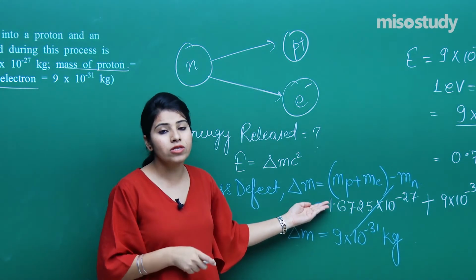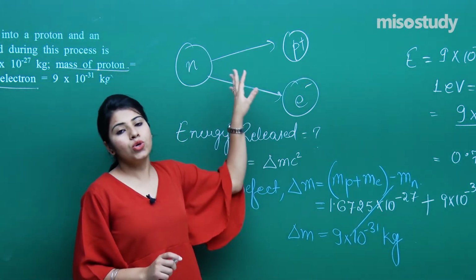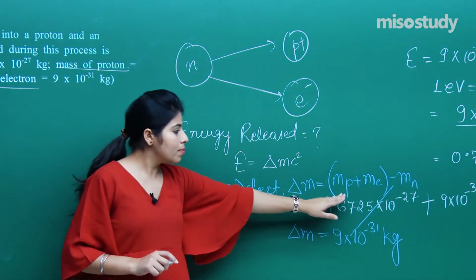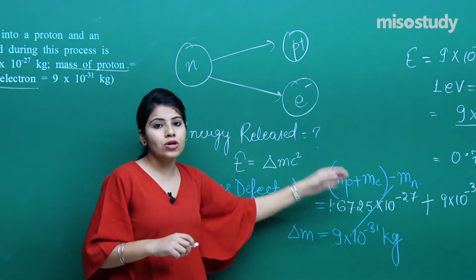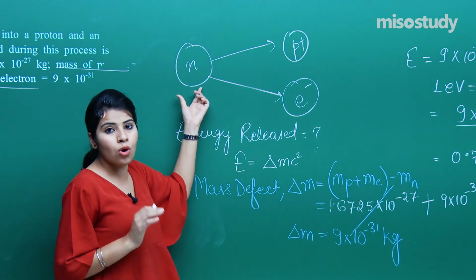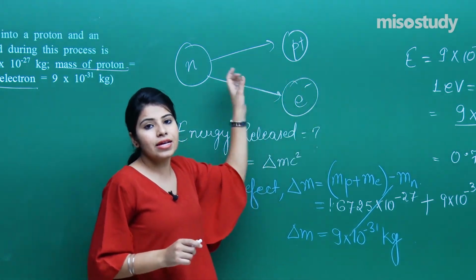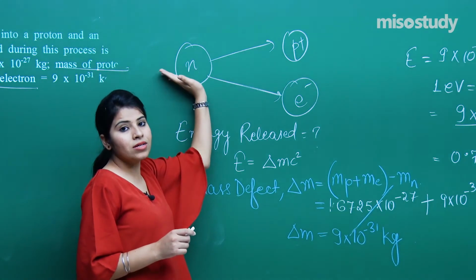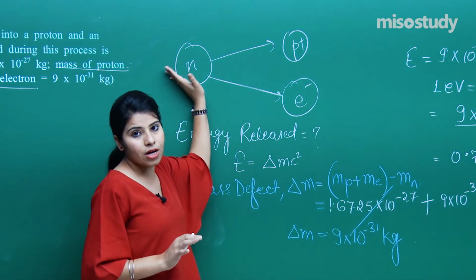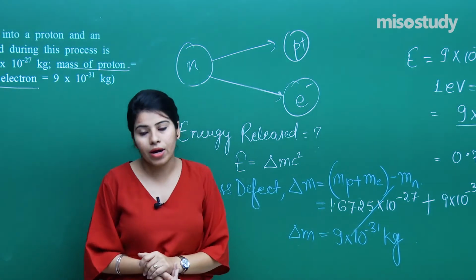If you know the concept of binding energy and mass defect, then you are able to write this formula on your own. Because if something is getting broken down into two components, definitely their masses will be greater than the mass of the one from which it is breaking down, right? So definitely this is the correct formula.